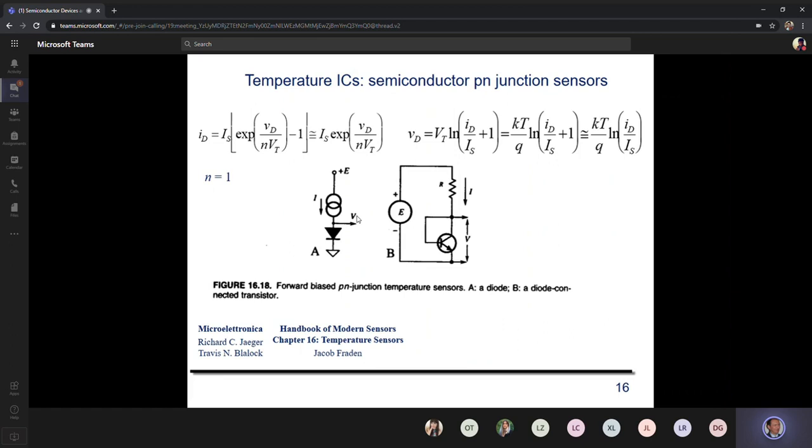And in this case, the current generator is mimicked by a voltage generator in series with the resistance.